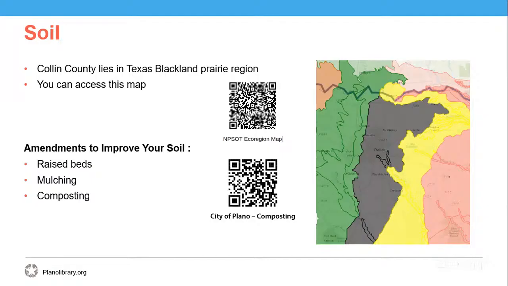It's recommended that for every 1,000 square feet, you add about 3 cubic yards of organic material. This is recommended on several websites, and it is on the Texas Pure website too.